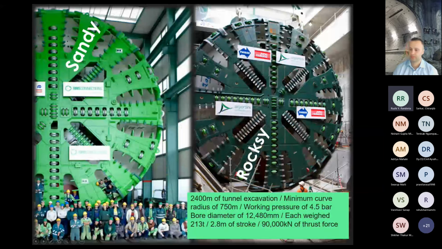And what was the proposed thickness of the invert segments? The segments were 400 millimeter thick, and there were 7 or 8 pieces, and you can imagine the segments were really, really large.